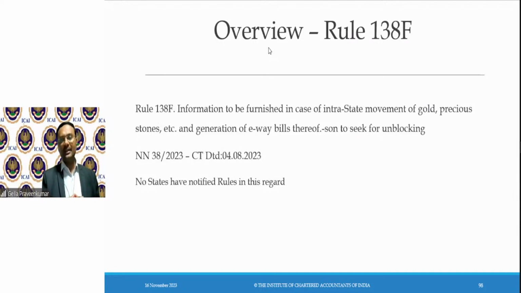Namrata is asking, no interception within Karnataka, only in another state also. 138D. Namrata is asking this question. Sir, suppose in the state of Karnataka, there was an interception. I give an example. From Rajasthan, goods are meant for Kerala.